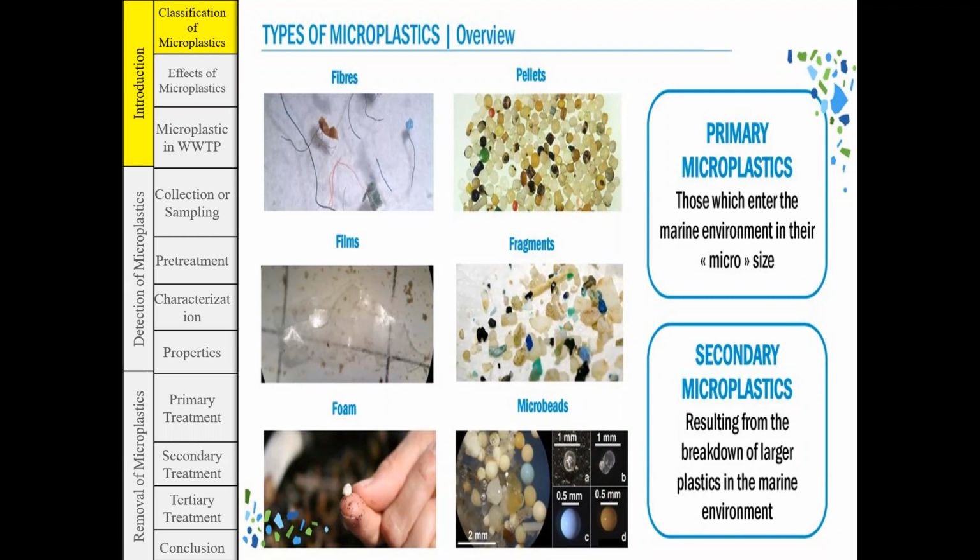Number one is fiber, having a longer length than its breadth. Number two is pellets, which are circular or rounded microplastics. Third one is film. Films have a smaller thickness and larger area. Then the next one is fragments, which are irregularly shaped microplastics.